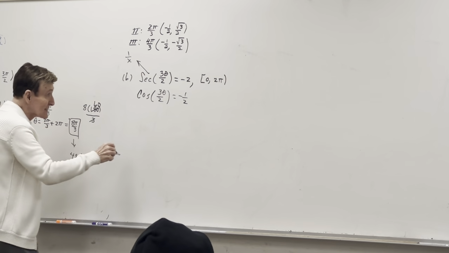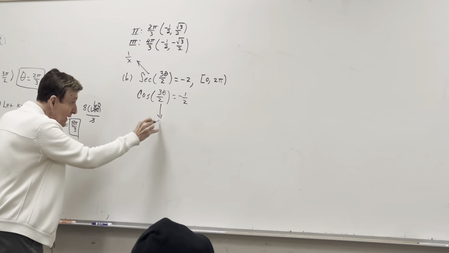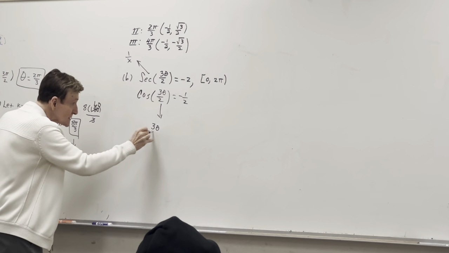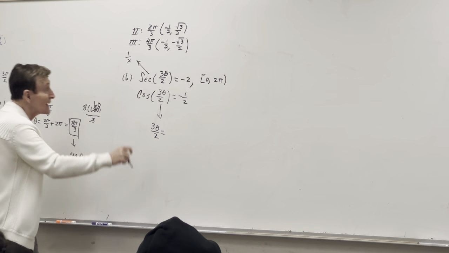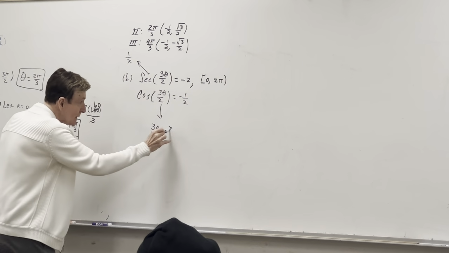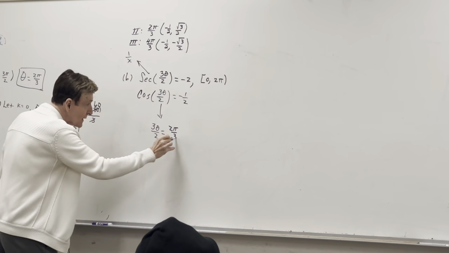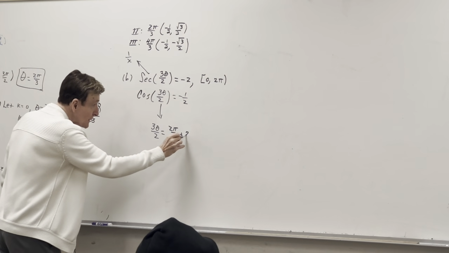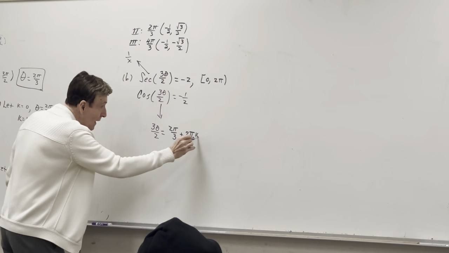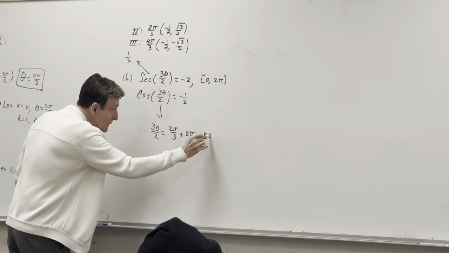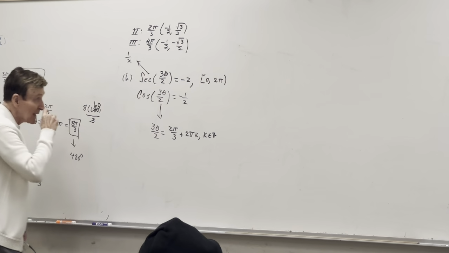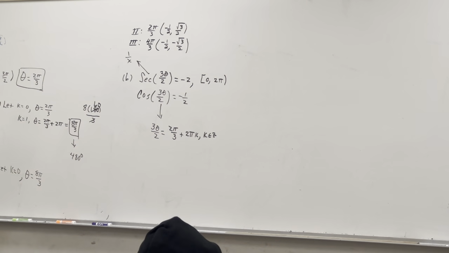That tells me that this, 3 theta over 2, look at this, is representing either 2 pi over 3, and I am going to use my period number to be 2 pi k, where k is an element of the integers. I'm working with cosine now, guys, and the period for cosine is 2 pi.